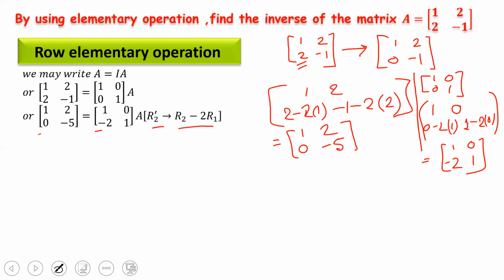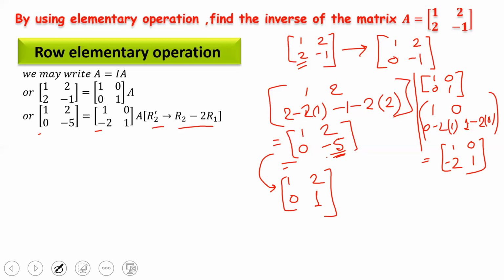Now our next work is taking this leading element and making this leading element 1. Now I have this matrix. Now I have to make it 1 2 0 1. Now how could I make this one? Minus 5 is given here.